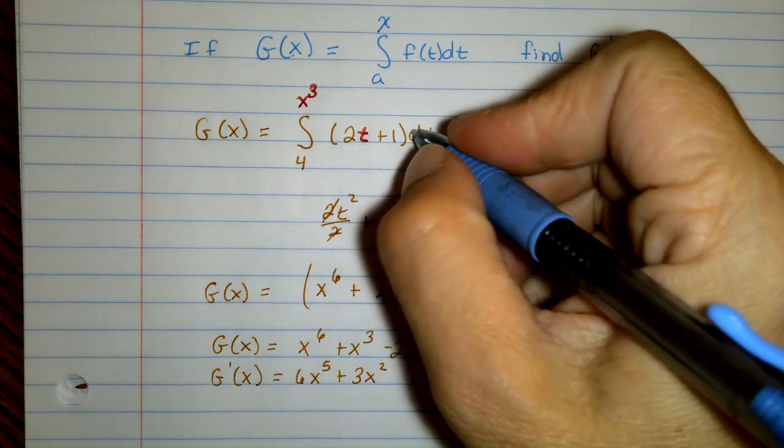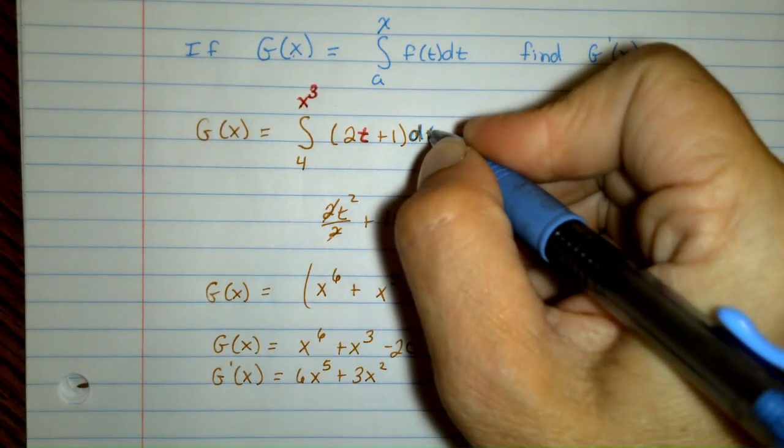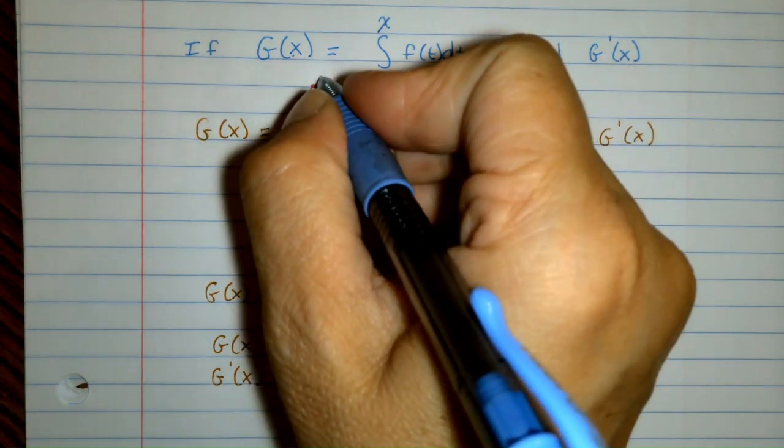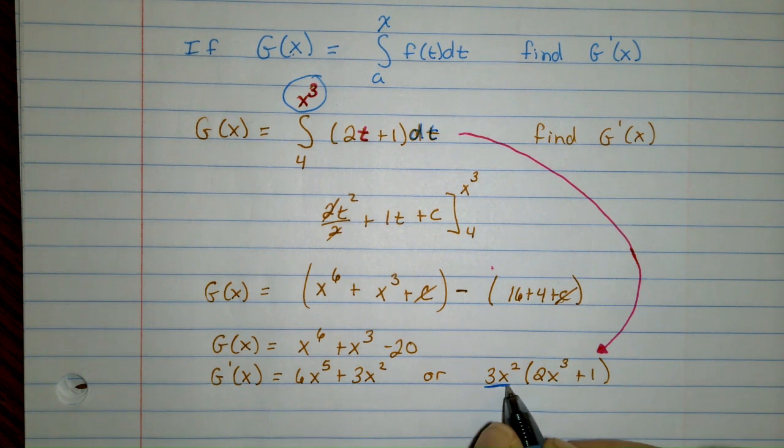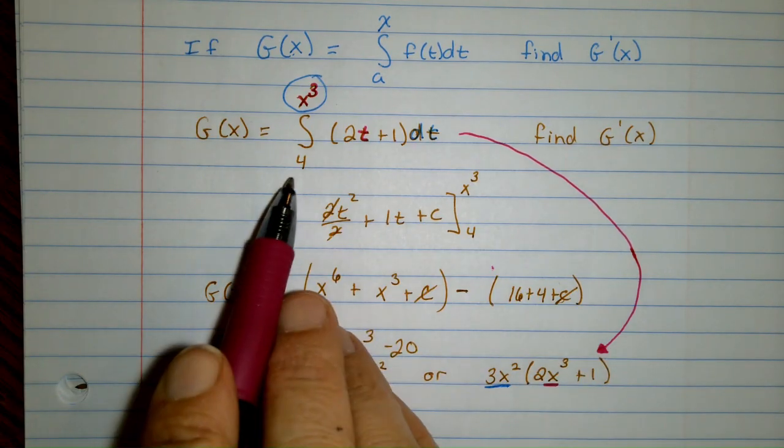And instead of dt, I have the derivative of x cubed right here. That's the second fundamental theorem of calculus. It says if you're going to integrate and then rederive, kind of a switcheroo on variables, where your base number is a, it's important to know that we need a number. Like here we had a number 4.